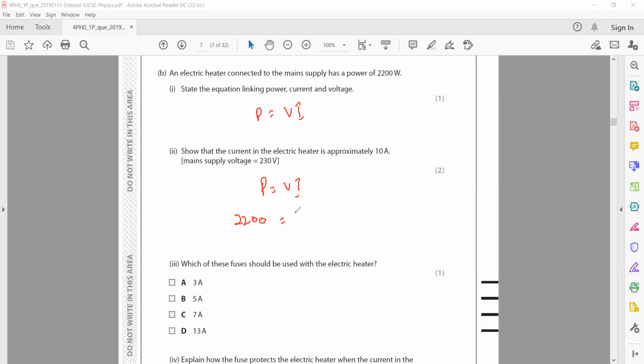The voltage, that's the mains supply, is 230, and the current is I. So this will be 2200 divided by 230, which is approximately equal to 9.5 or 9.56 amperes.